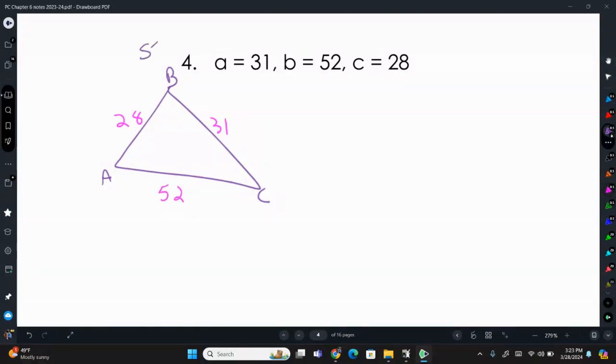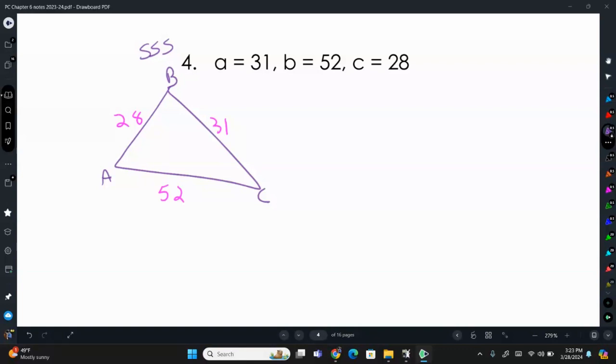This is an SSS. We know all 3 sides here. So we have to use the law of cosines for this one. And we're going to find the largest angle first. The reason for that is if we find the largest angle, we can switch to law of sines afterwards to find the other information.